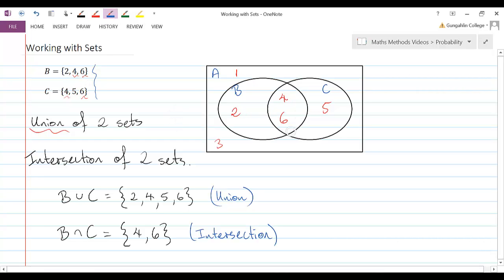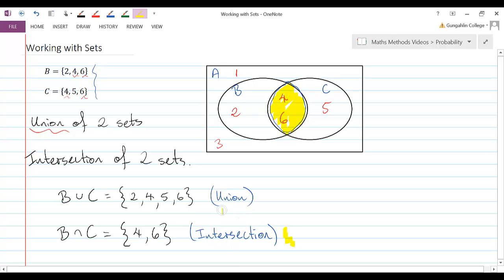If I have a look here, the intersection we said was the set of 4 and 6. In our diagram, it's the region in here that's overlapping. In fact, I might highlight that in here. It's the region containing B and C. That's the intersection.